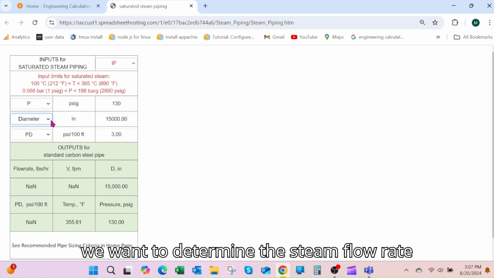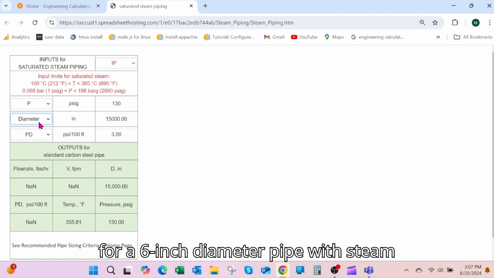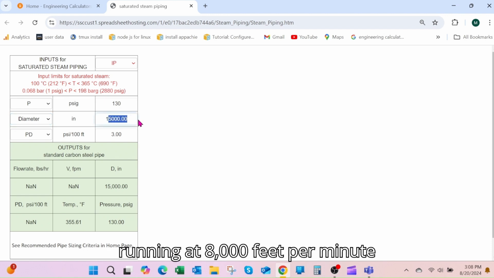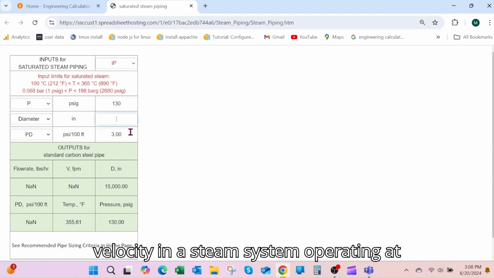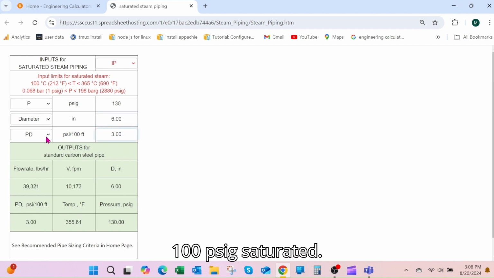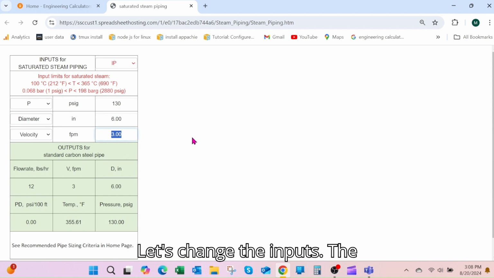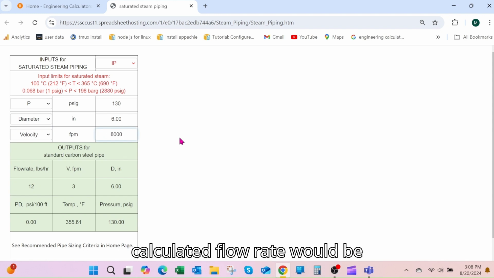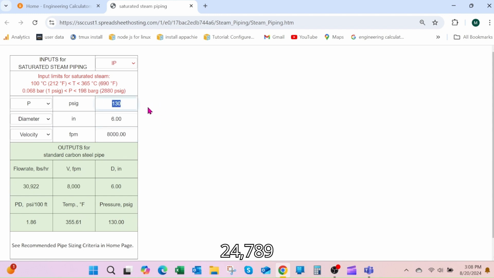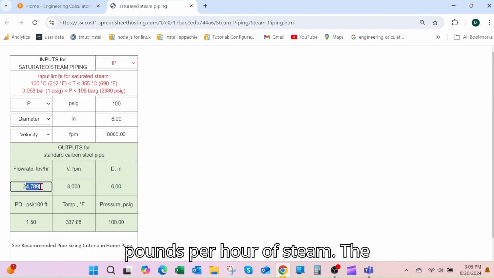Let's say we want to determine the steam flow rate for a 6-inch diameter pipe with steam running at 8,000 feet per minute velocity in a steam system operating at 100 psig saturated. Let's change the inputs. The calculated flow rate would be 24,789 pounds per hour of steam.